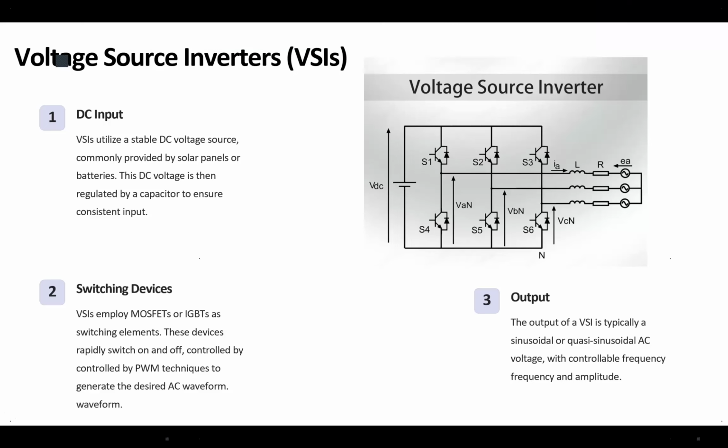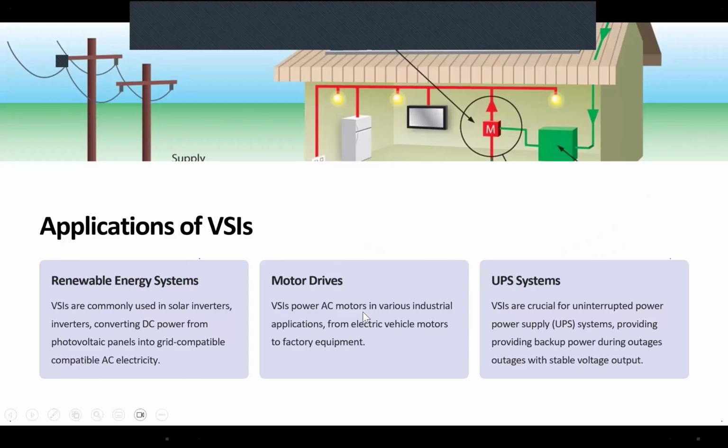And it's controllable for the parameters of the frequency of the output and amplitude of the output, okay? Now, the application of the voltage source are normally the renewable energy systems.